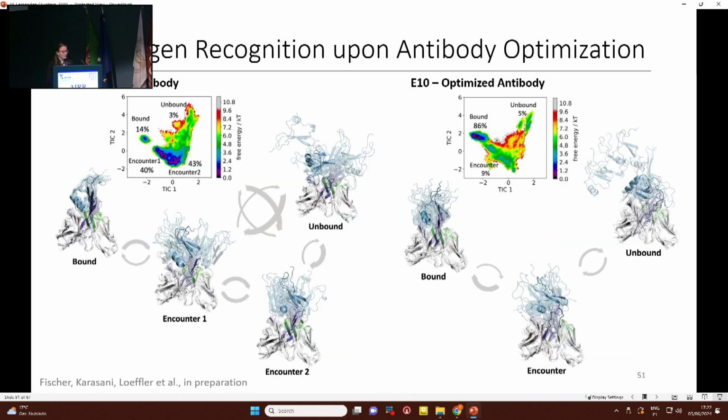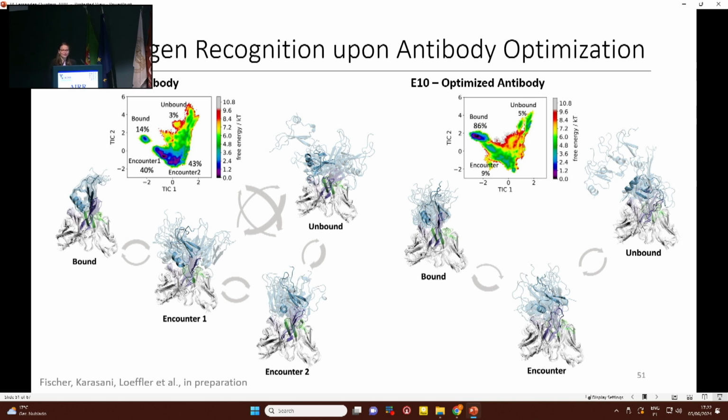And then we performed extensive MD simulations on this binding and unbinding pathway, and could see a substantial difference between the parental and the optimized antibody, meaning that the bound state is actually super stabilized in the optimized antibody compared to the parental, where actually an encounter complex is favored.